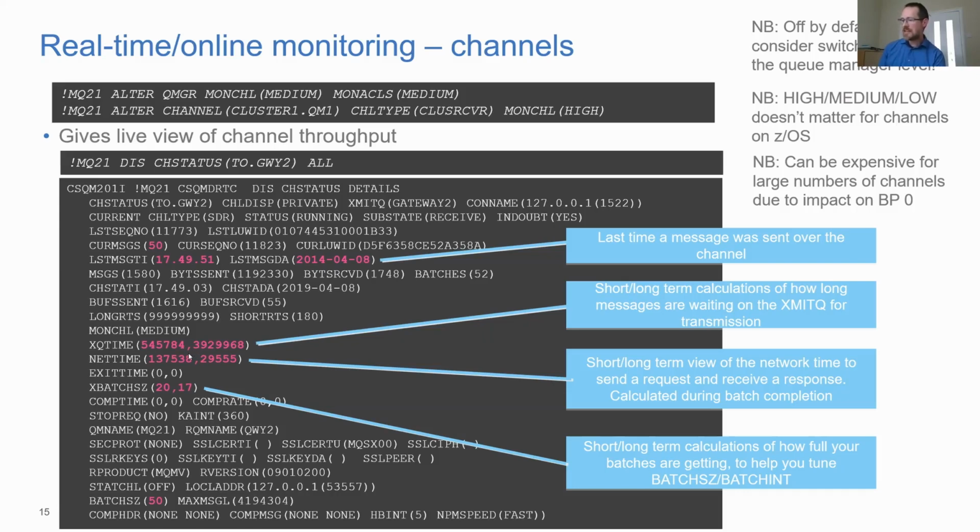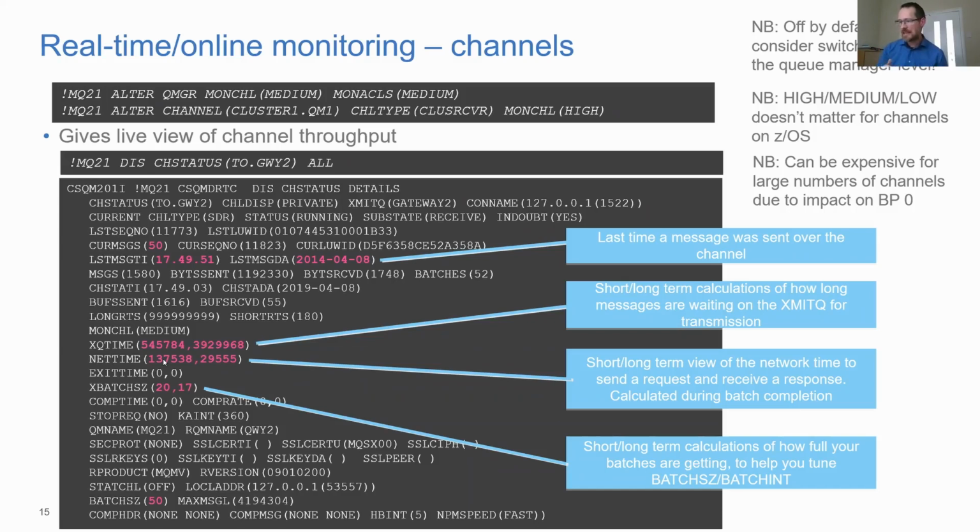And sometimes it's not so much an MQ thing or an application thing that's slowing things down. It's actually your network. There's lots of things you can do to look at the network side of things. A lot of those are outside the MQ area, but one thing you can do is look at the net time. This is for sender receiver channels.